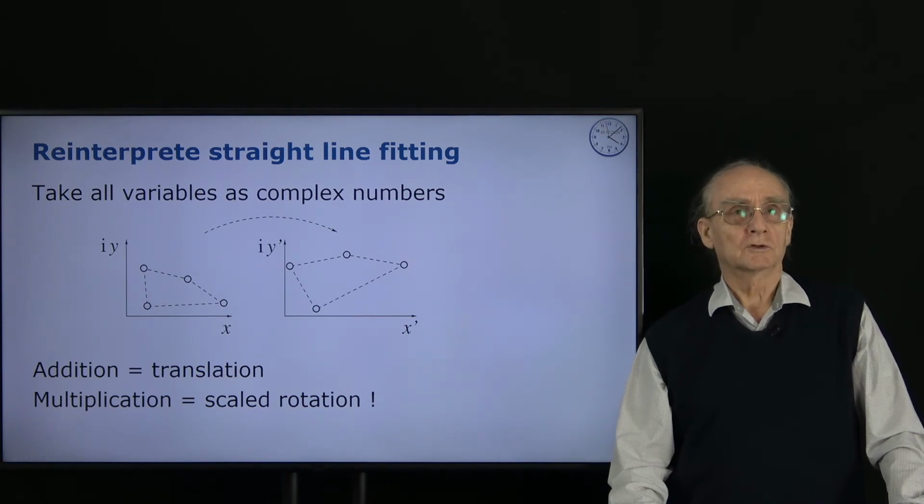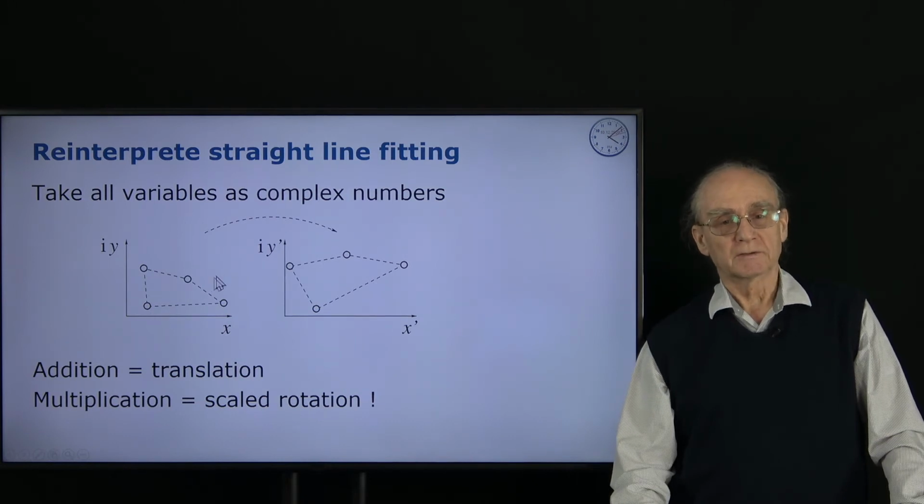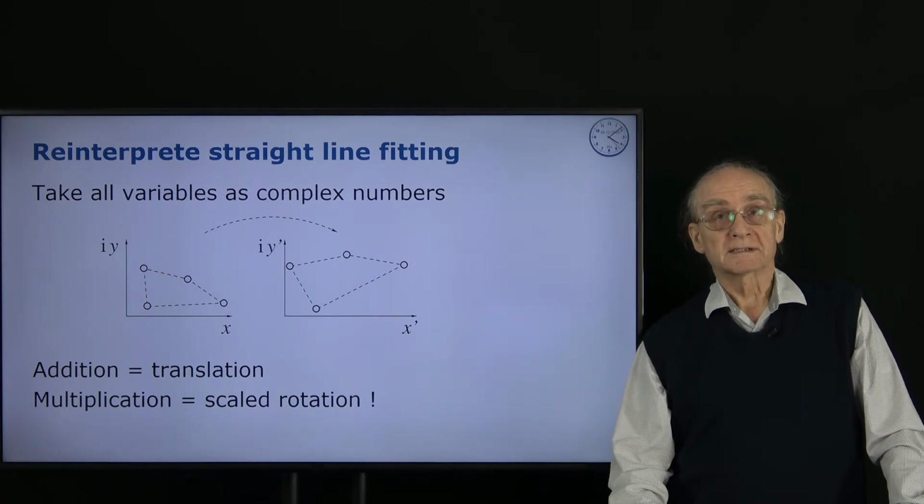So each complex number represents the position of a point in this or that system. And we know if we add complex numbers, this corresponds to a translation in the complex plane, and the multiplication with a complex number, remember, was a scaled rotation.